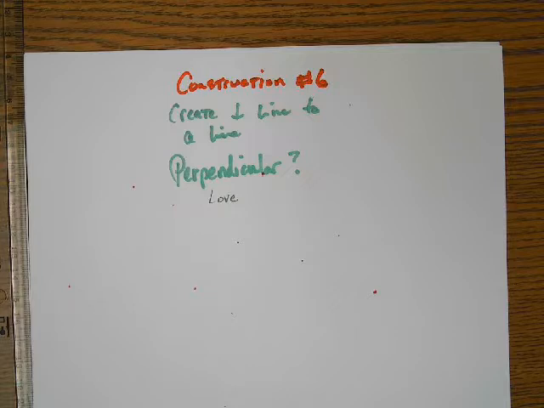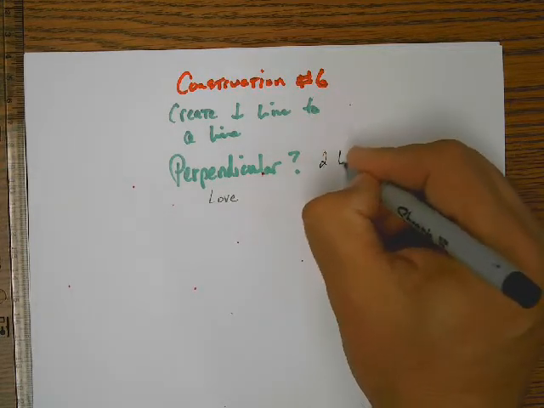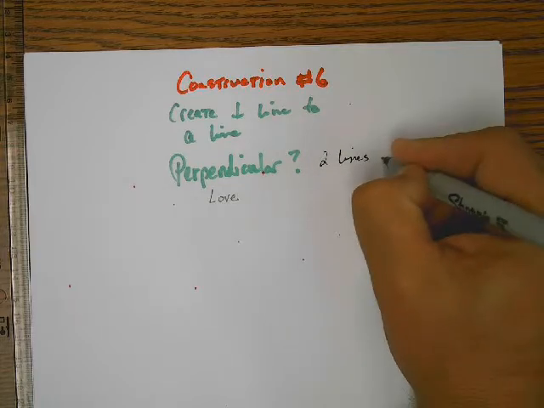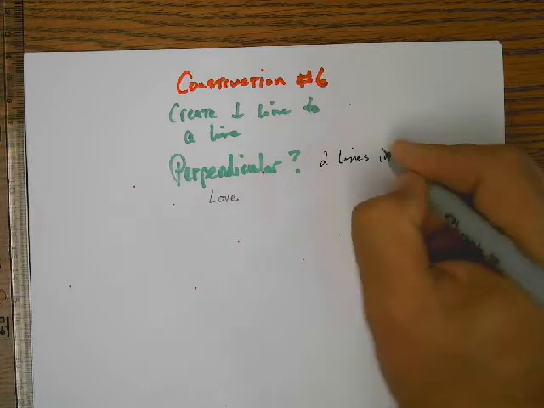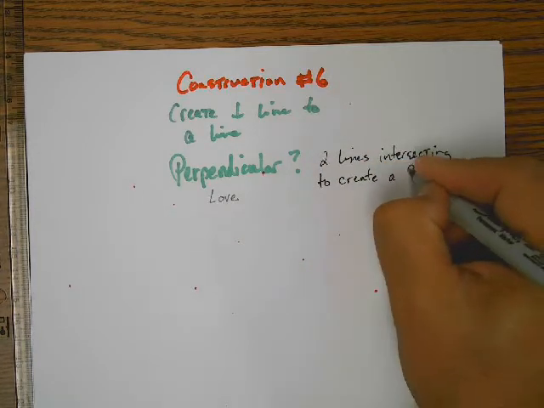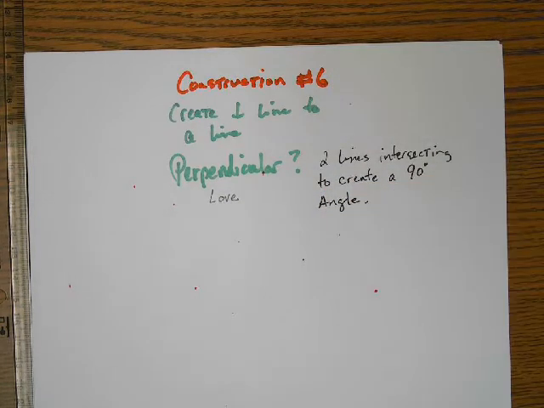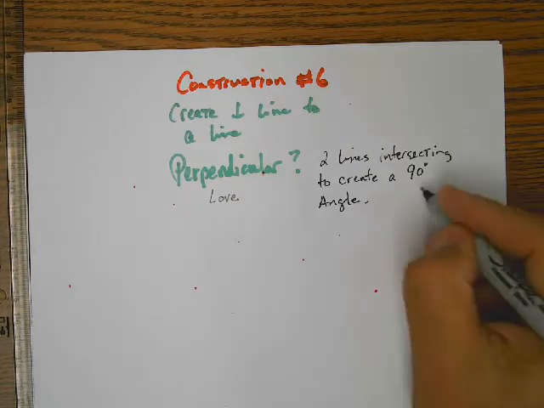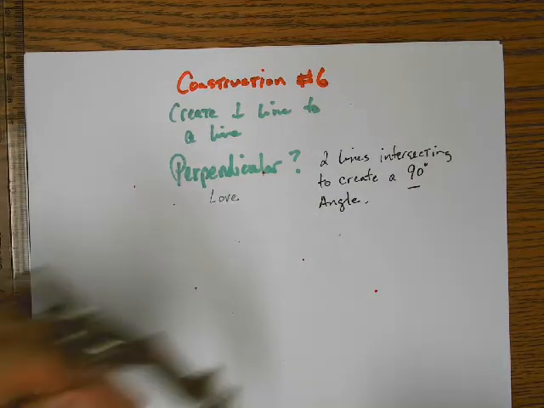Basically, perpendicular means two lines intersecting to create a 90-degree angle. Two lines intersecting to create a 90-degree angle. Well now then we've got to discuss what in the world is a 90-degree angle.